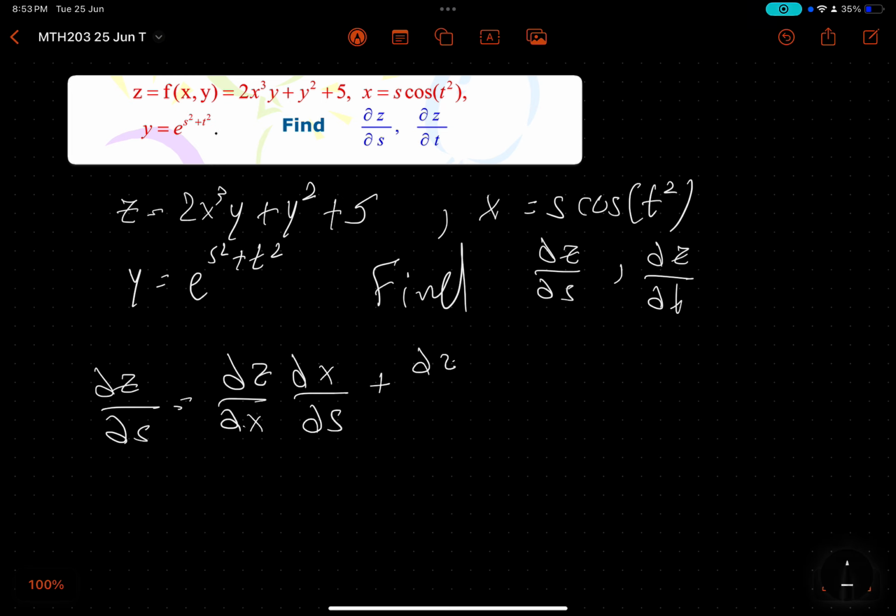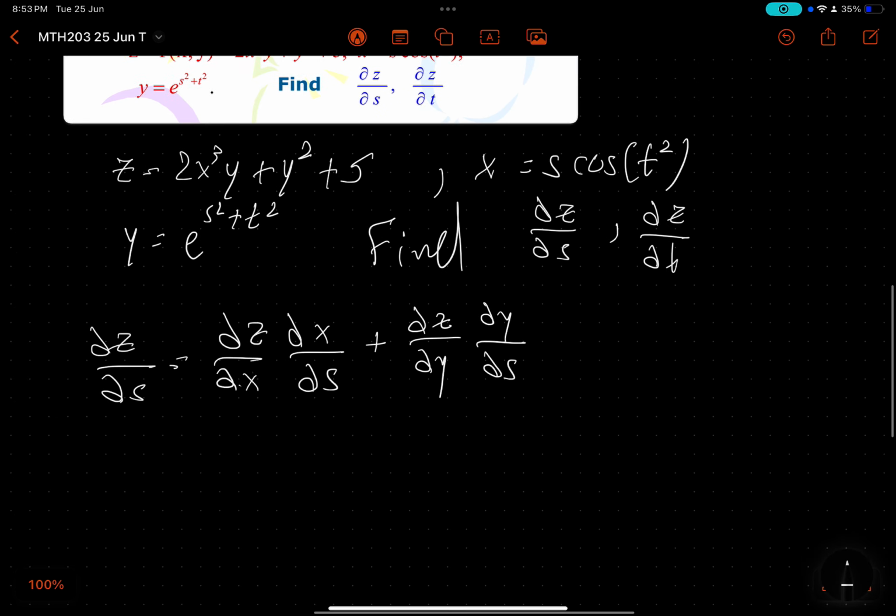So dz with respect to ds. We have the partial derivative of z with respect to x, which is 6x squared y, times the partial derivative of x with respect to s, which is cosine of t squared.